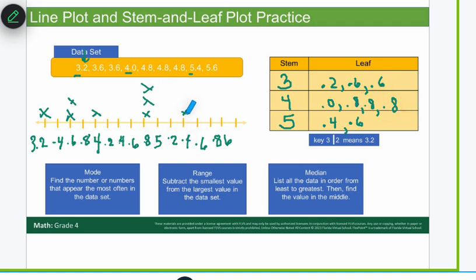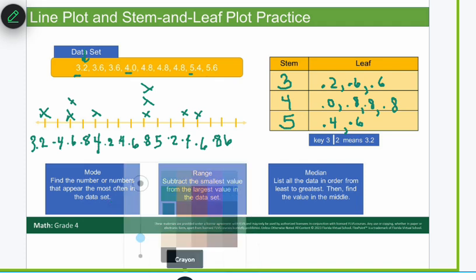I have 1 x above the 4/10, 1 x above the 6/10. All right, so now I've graphed my data on my stem and leaf plot, but also on my line plot.